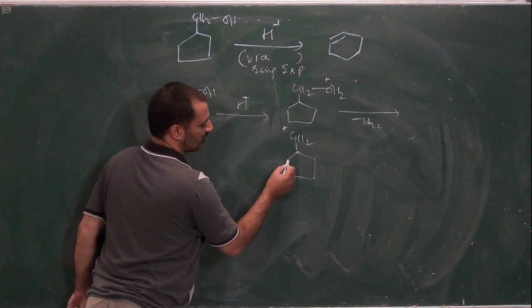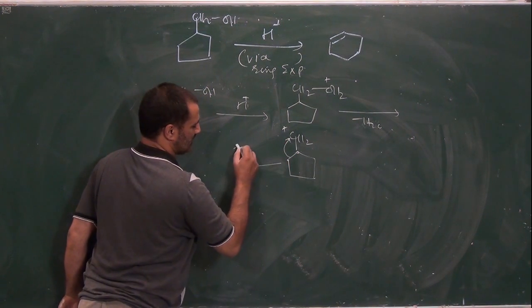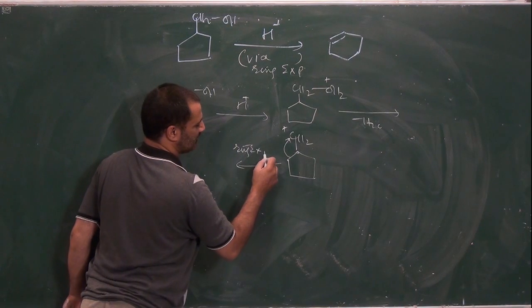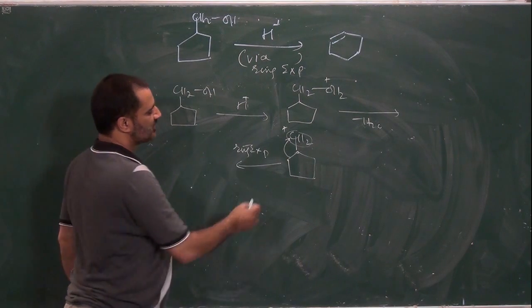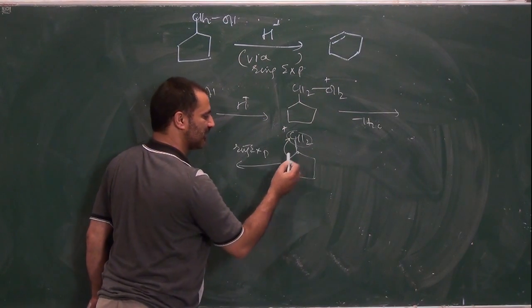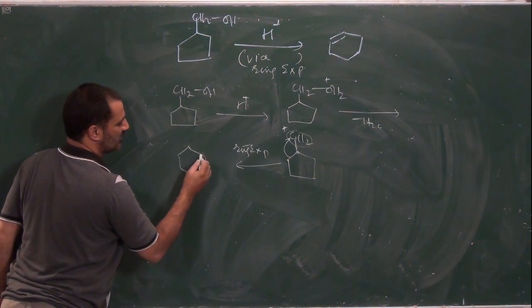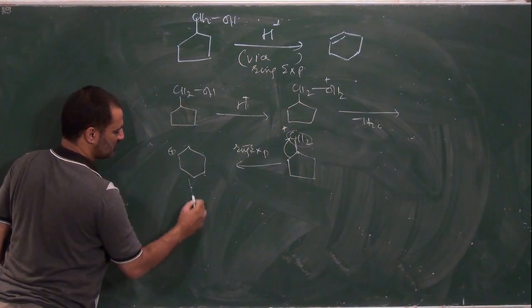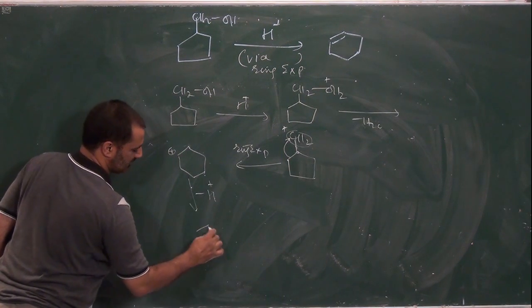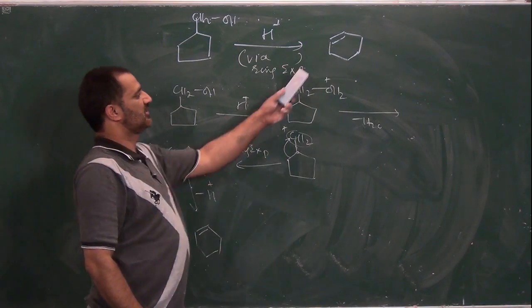So ring expansion occurs: this CH2 unit, which is out of the ring, comes into the ring, forming the cyclohexyl carbocation. This cyclohexyl carbocation loses a proton and forms cyclohexene. So cyclohexene is the product.